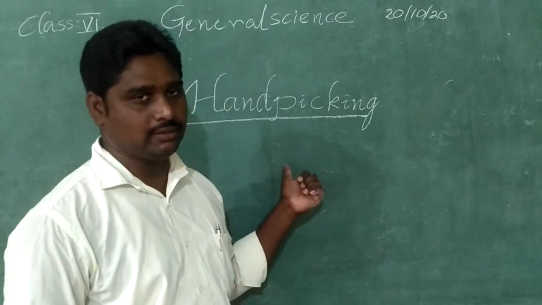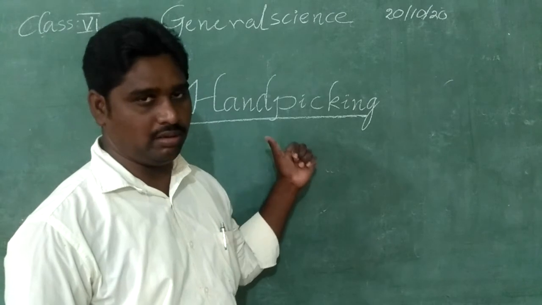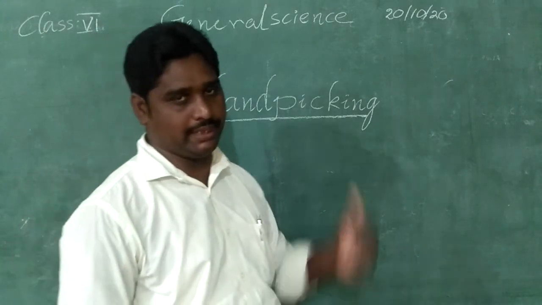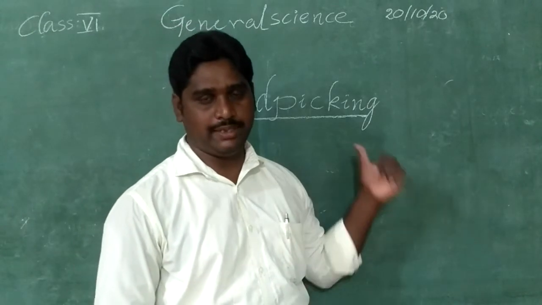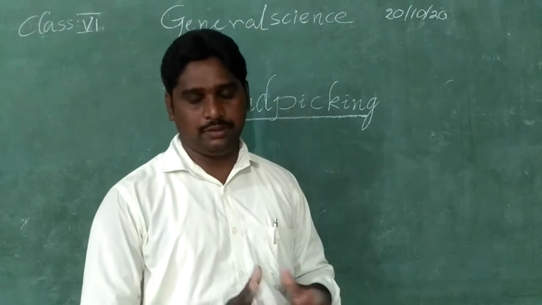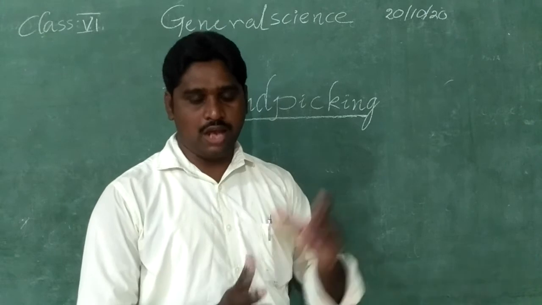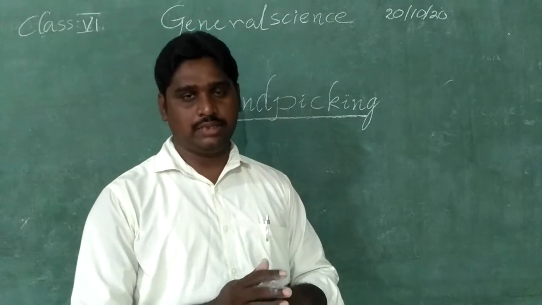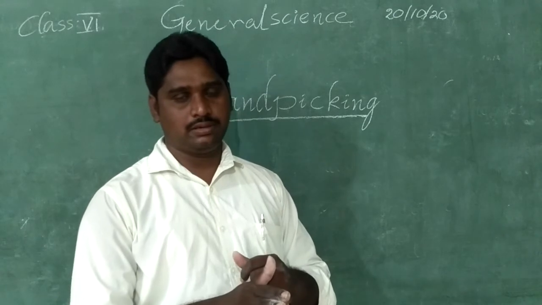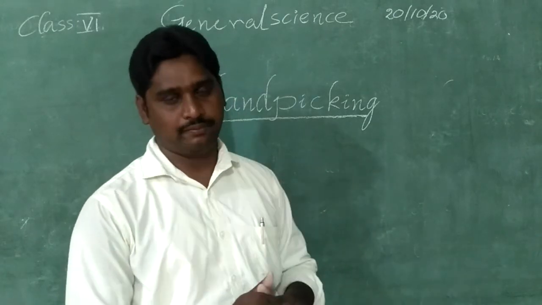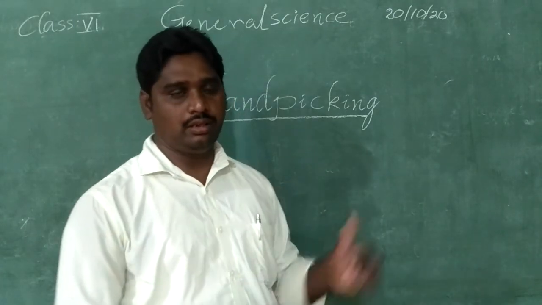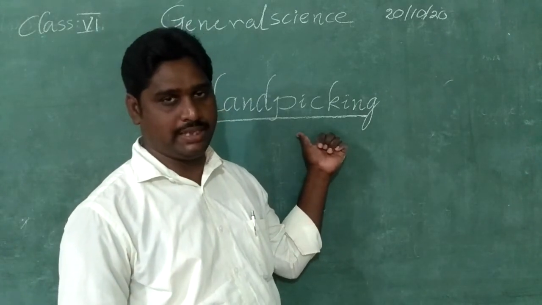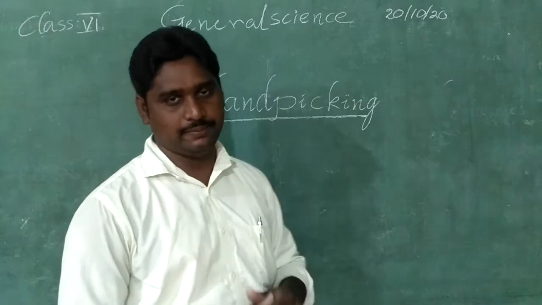So it is the same for rice and also pulses. It is a hand picking method. In this method, the unwanted materials' size is larger compared to the rice. So this is the direct physical method, the hand picking method.